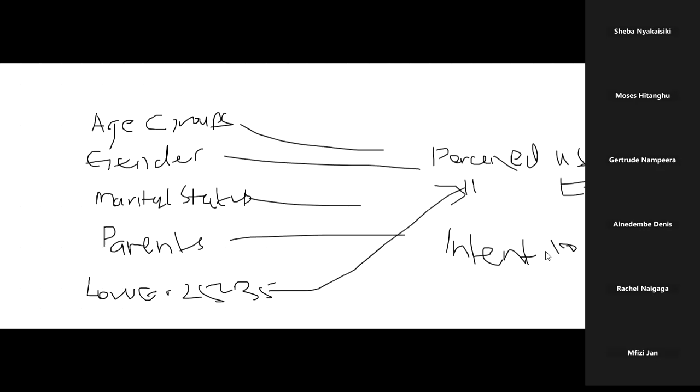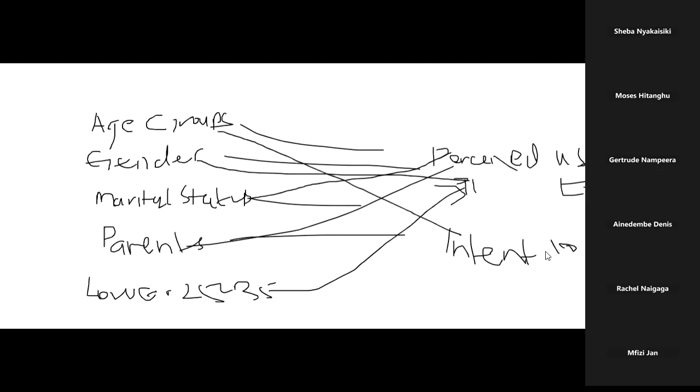Gender, I would make a prediction that the males may find it easy to use. In terms of usefulness, I would probably put the marital status: those who are parents find it more useful to use online. And then intent to use, I put it in the lower age brackets. And those are hypotheses where I'm making a prediction.